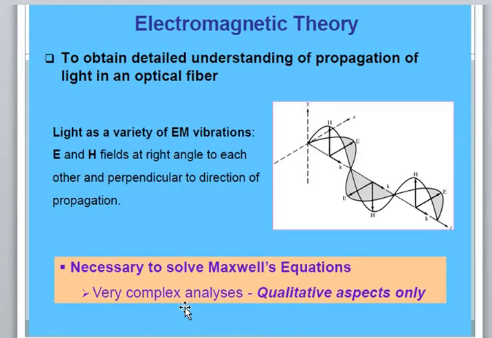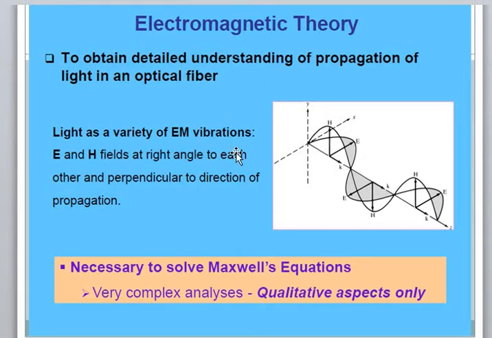For a deep understanding of the propagation of light, inside the core the light is propagating based on total internal reflection, correct? This will be analyzed using electromagnetic theory, and for this analysis you have to solve Maxwell's equations.